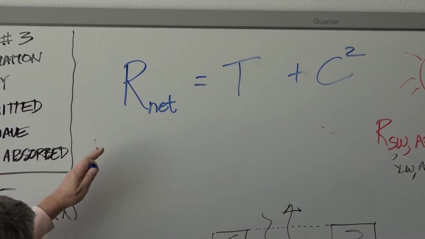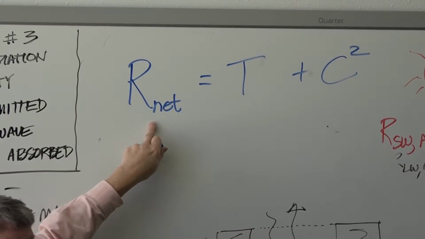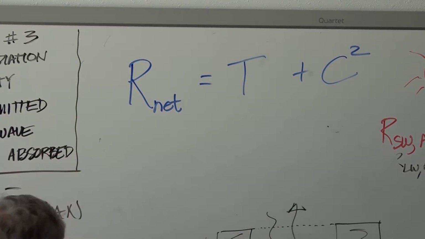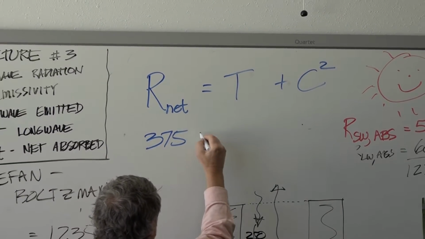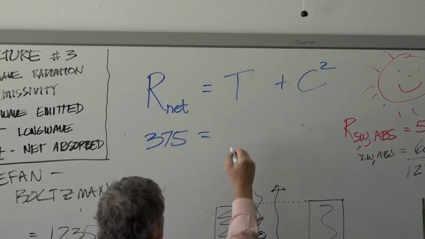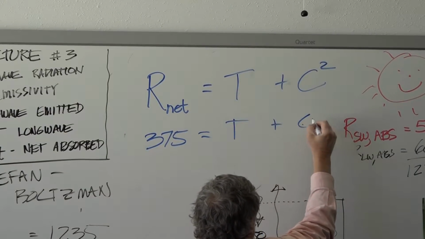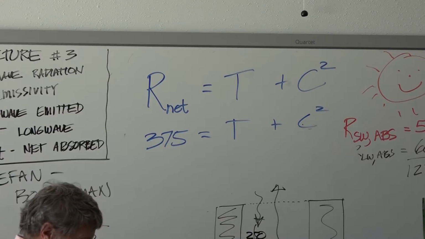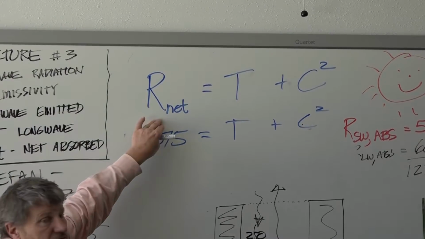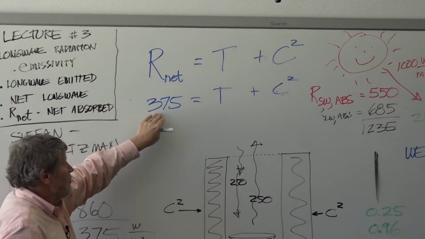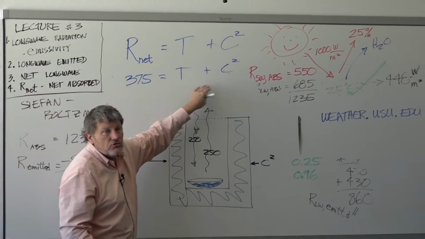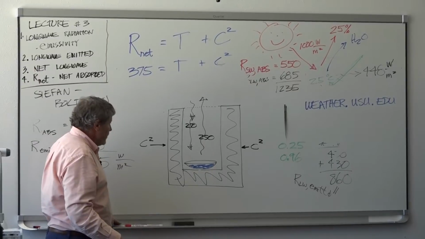All those components that feed into this give us one number. And so to put numbers on this, 375 equals T plus the sum of T plus C squared. So this is a tough number to get at because of all the factors we talked about, but once we get it, wow, there's only two components that can go into this.